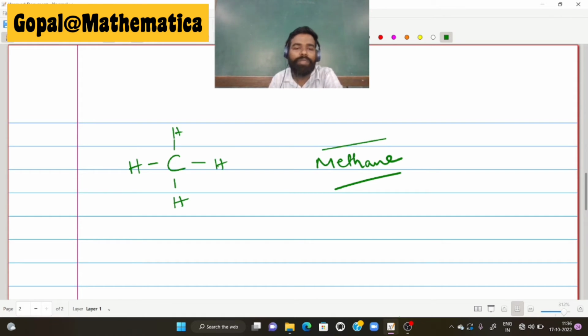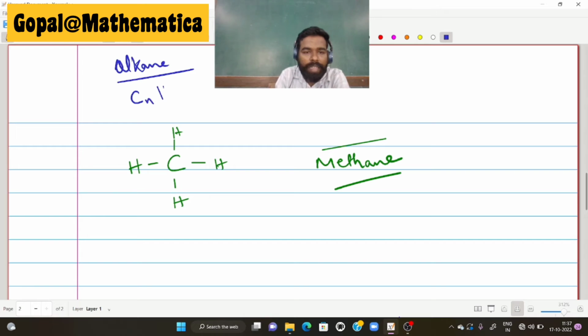So we have the name methane. One more important thing: the alkane has the general formula CnH2n+2. Then we have alkene, which has CnH2n.